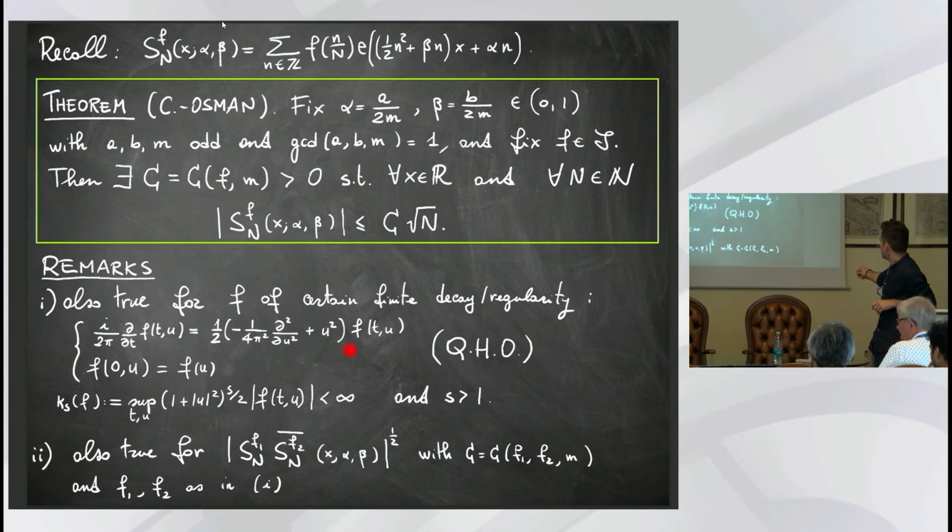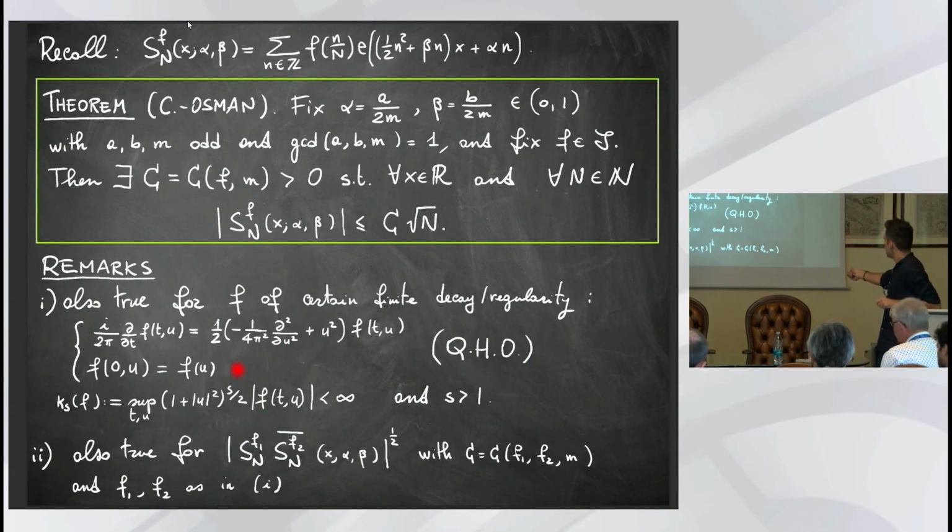So you have a PDE of this kind, a Schrödinger equation of this kind, where f is your initial condition. At time 0, you have f, and then you let it evolve for time t, and at time t, it satisfies this equation. Imagine there is a unitary operator that evolves your function from time 0 to time t.